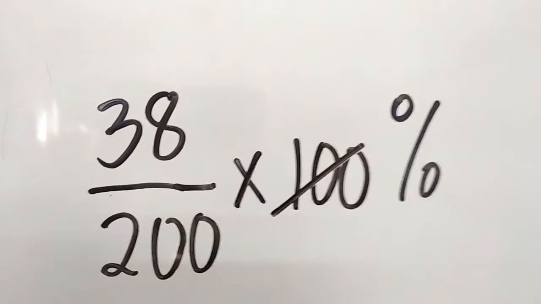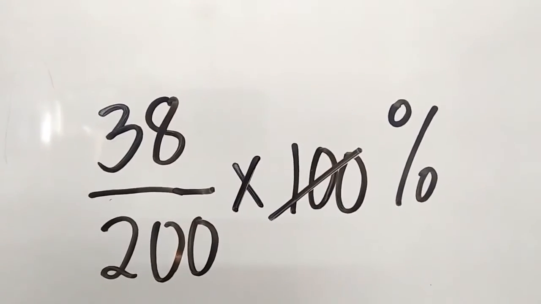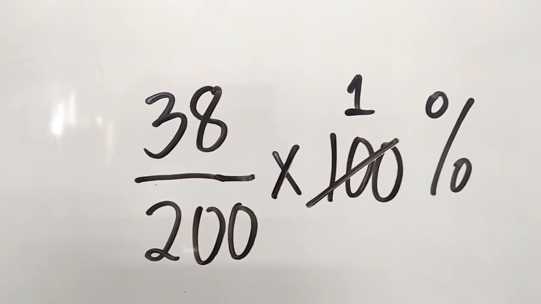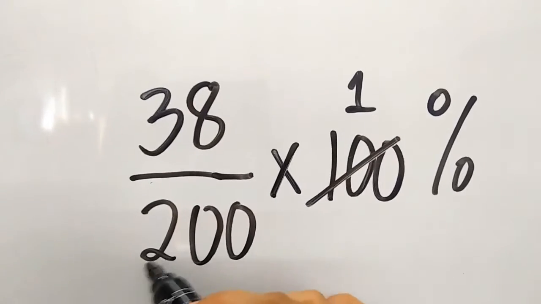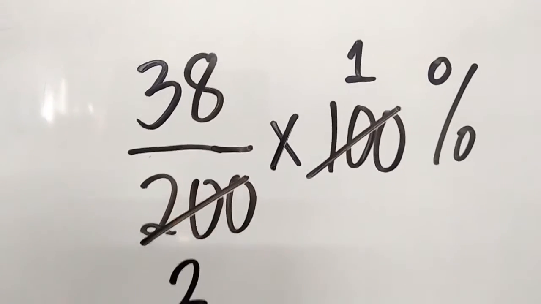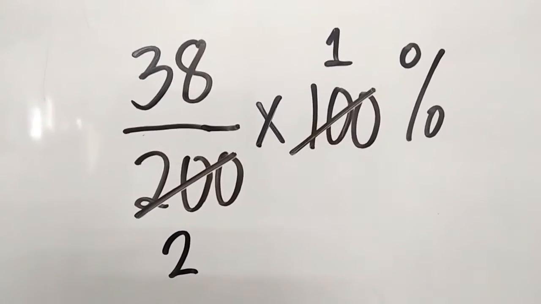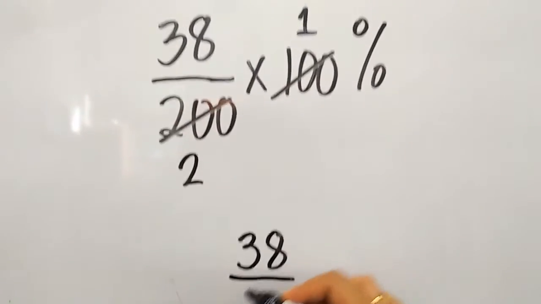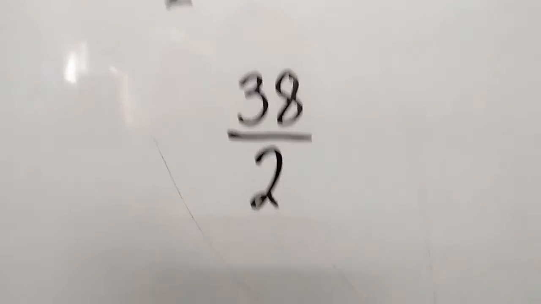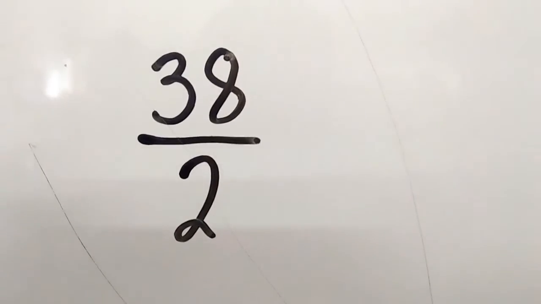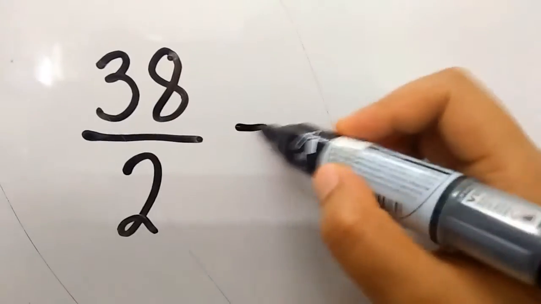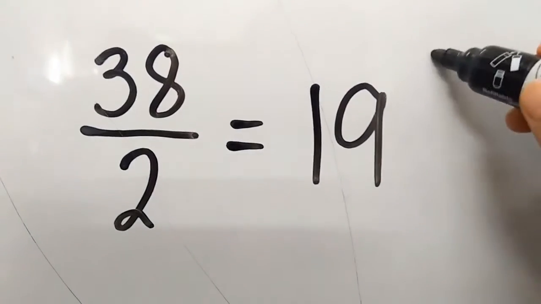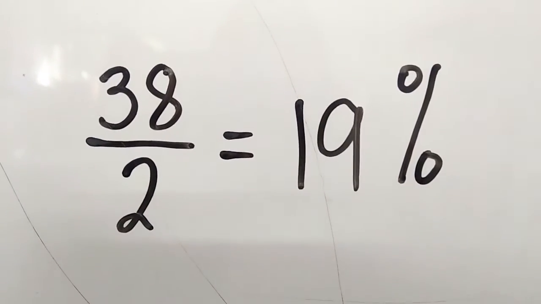So 100 divided by 100 is equal to 1. 200 divided by 100 is equal to 2. So we have here 38 over 2 times 1 is equal to 38 over 2. And this 38 over 2 or 38 divided by 2 is equal to 19. Then attach the percentage sign. So we have 19%.